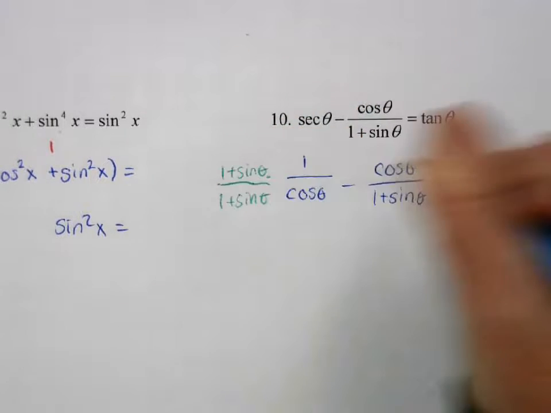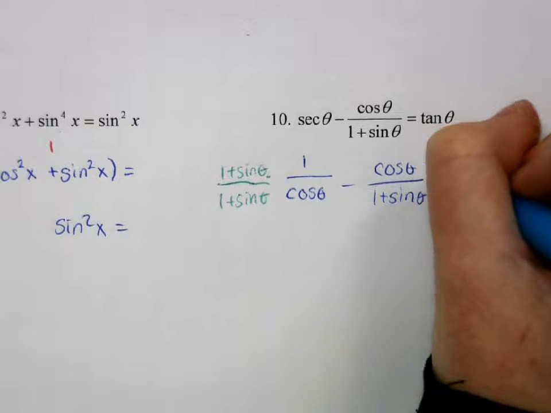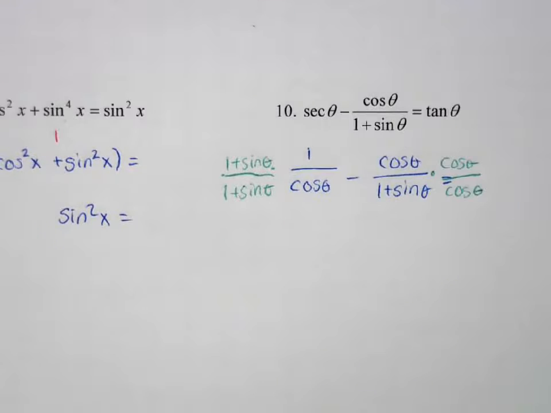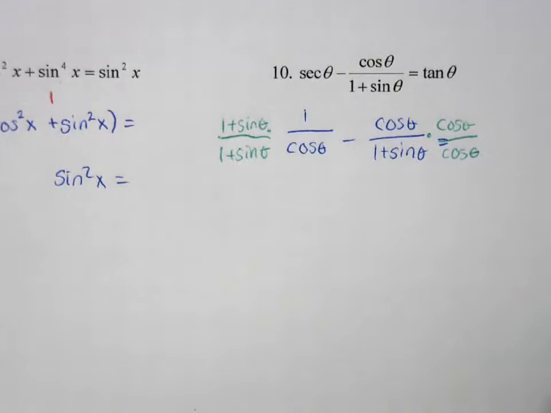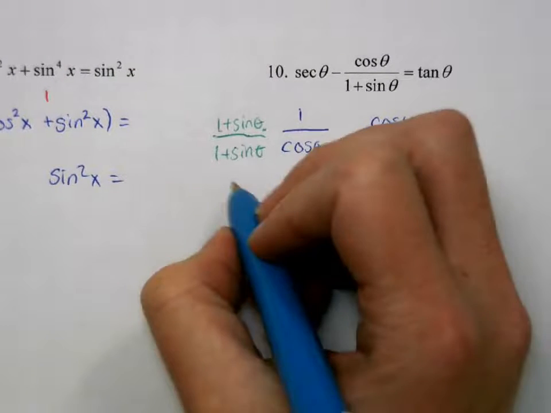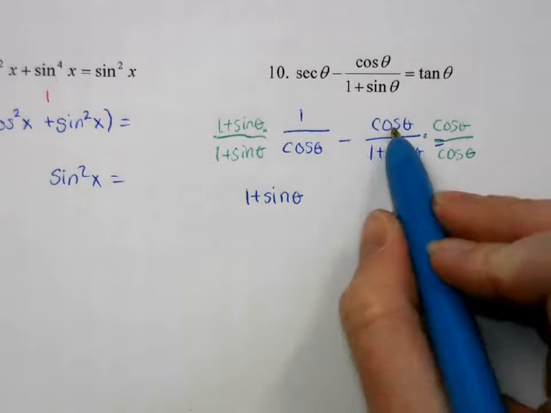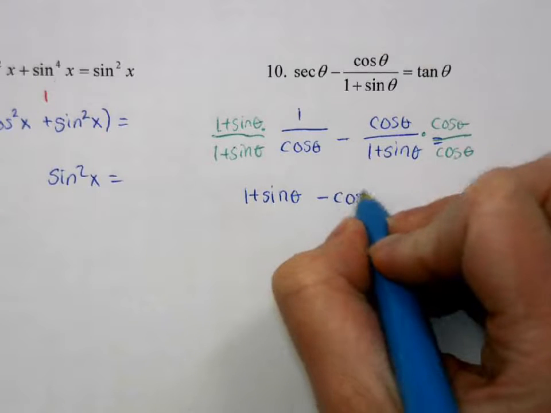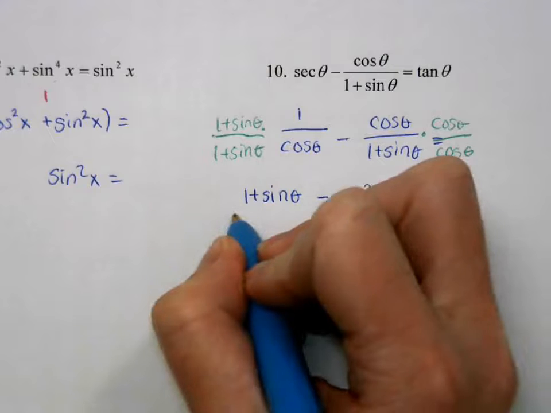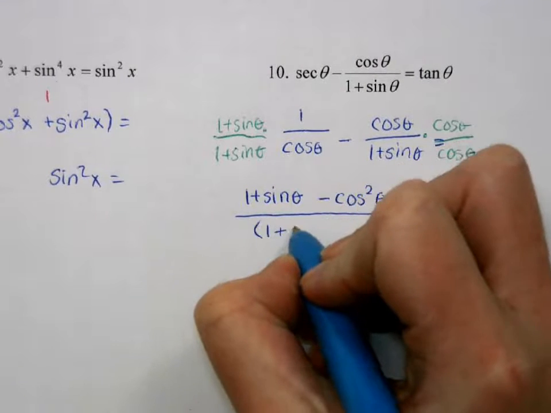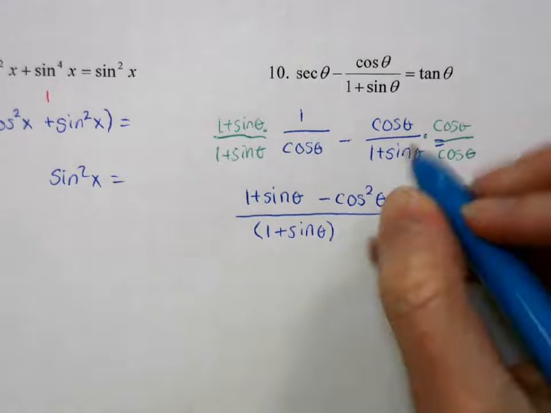Here I'm going to multiply by cosine over cosine. So this times this is 1 plus sine theta, and then we're minusing cosine squared theta, and then this is all over 1 plus sine of theta times cosine of theta.